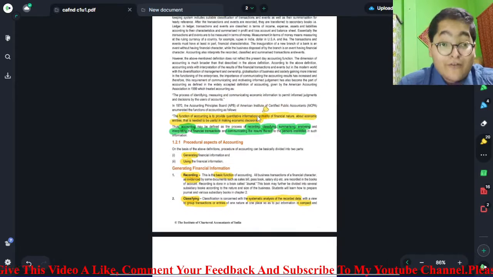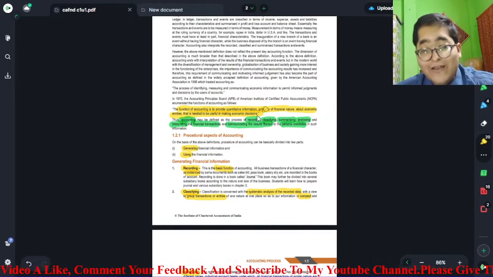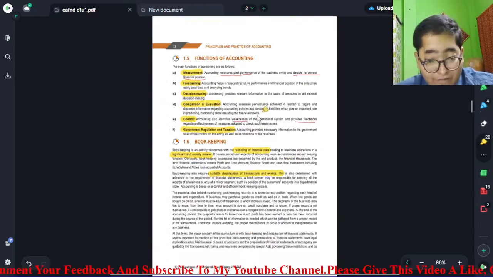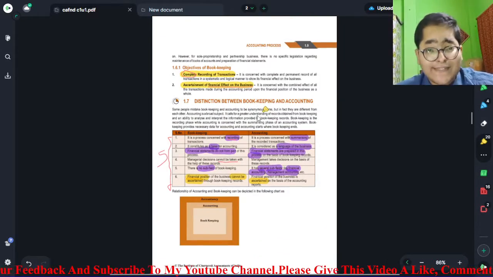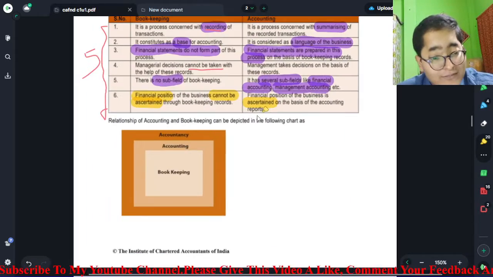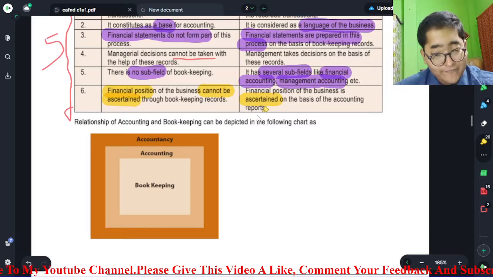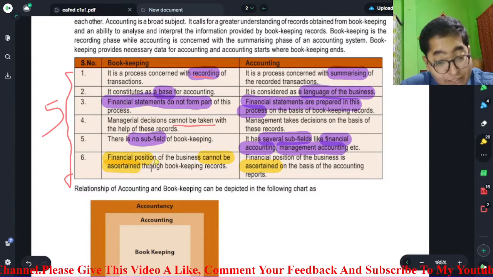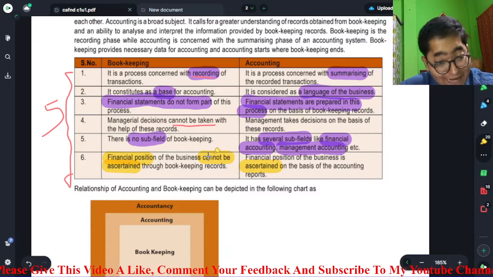So in this example, we were able to see that in accounting there are various types of accounting. There are 5 to 6 or 7 types of accounting, but in bookkeeping there are no subfields. With bookkeeping alone, the financial position of the business cannot be ascertained.